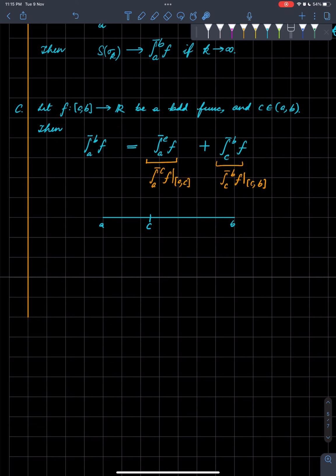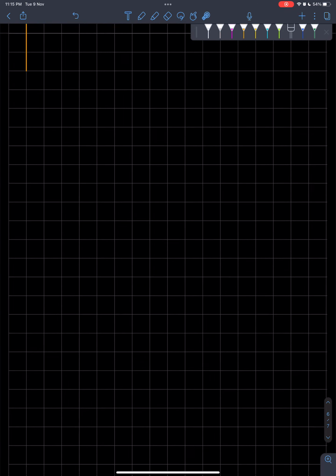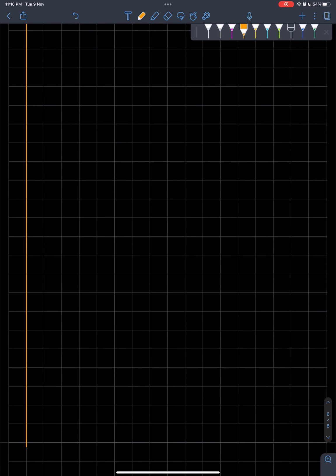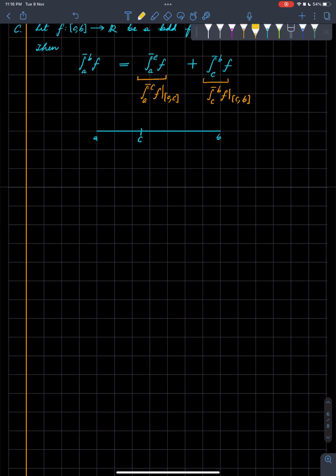And now lastly, let's take an example. So let f be this function. The graph of the function is just this line.